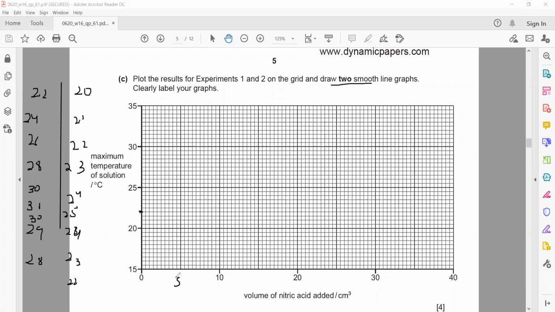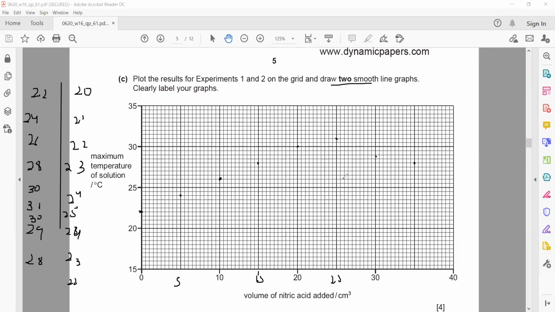Then 24, then 26, 28, 30, 31, 29, and then 28.